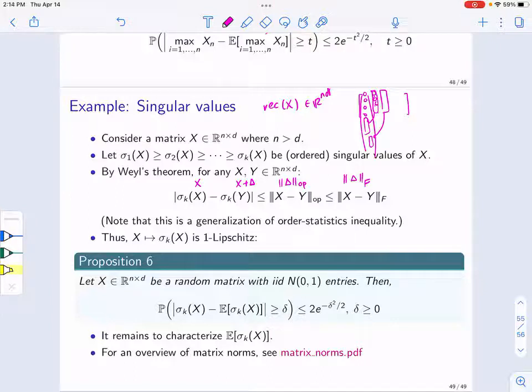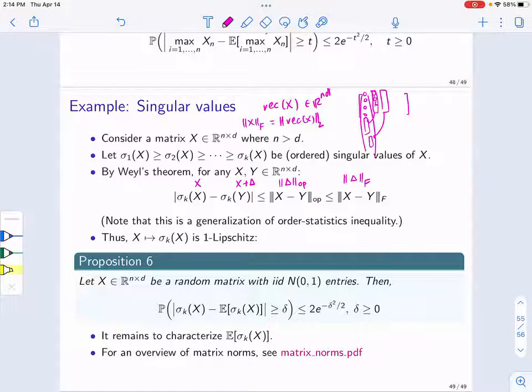So the Frobenius norm of the matrix X is just the L2 norm of vec X. In terms of vec X, this is a function of the vector X, and this inequality shows that the function is Lipschitz with respect to the L2 norm. Okay, so this Frobenius norm is just the L2 norm for vectors.